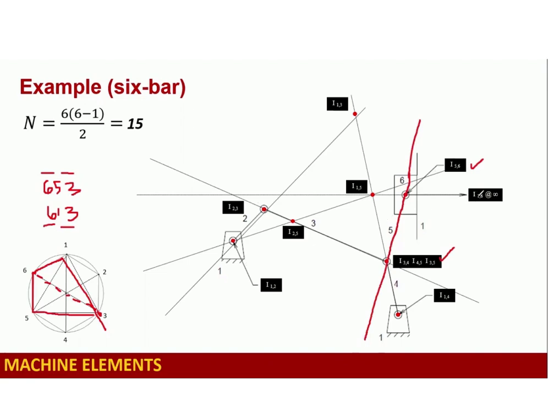So 1, 6 is here, this infinite line, and then we have 1, 3. So where is our 1, 3? Okay, here is our 1, 3. So just connect 1, 6 and 1, 3.